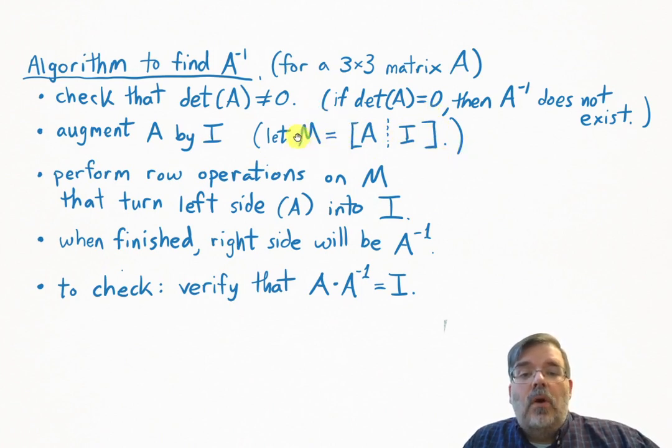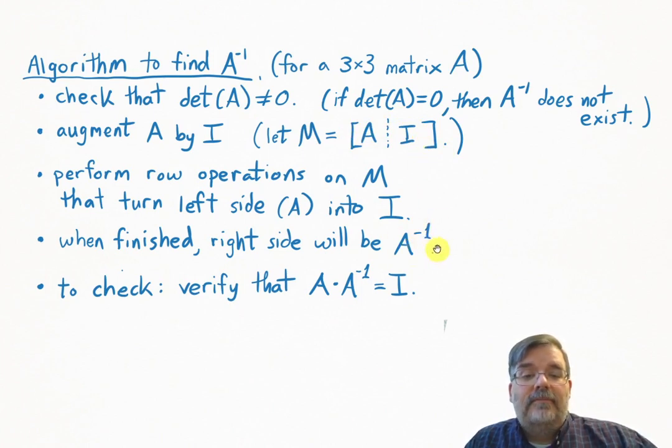We'll perform row operations on the matrix M with the goal of turning the left-hand side, this matrix A, into the identity matrix. But we perform row operations on the entire augmented matrix. So at the same time that we're turning A into the identity, we're also turning the identity into A inverse.